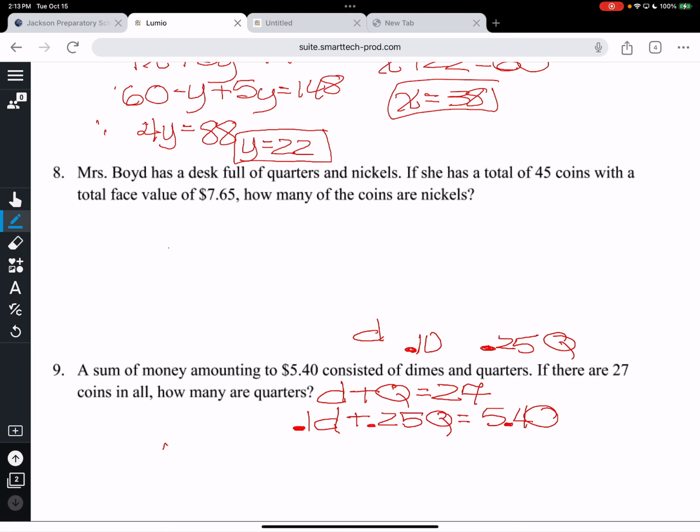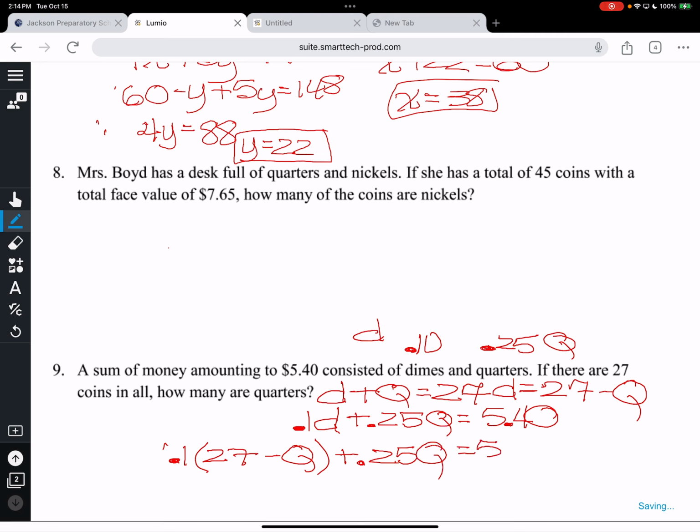All right, so D equals 27 minus Q. So when I come to my D, I'll put that in. We have 0.1 times 27 minus Q plus 0.25 Q equals 5.40.